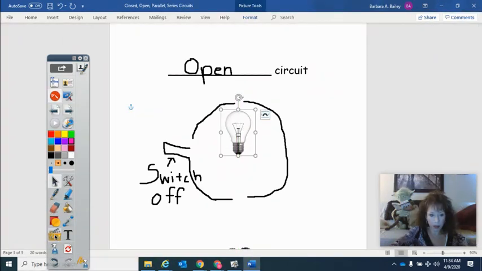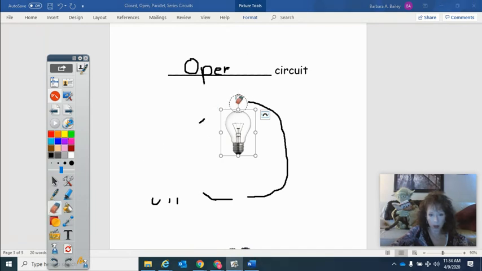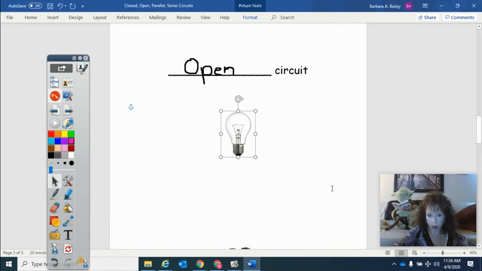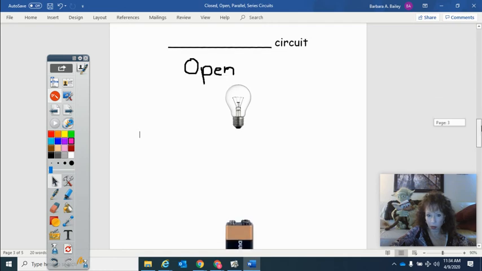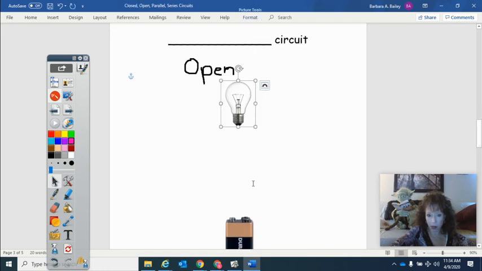Okay, so my open circuit, though, we have a break in the flow of electricity, and so it's not completing the circuit. Okay. All right, I'm just totally messing that up.